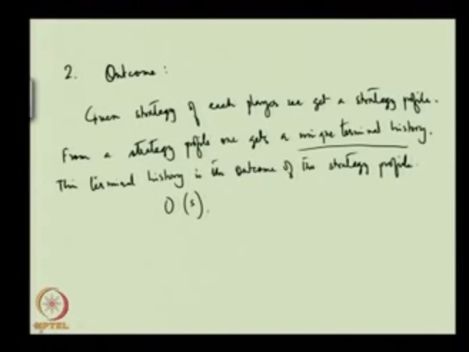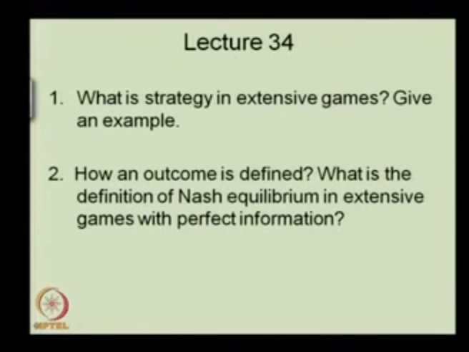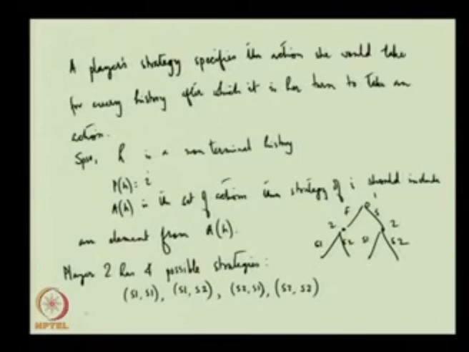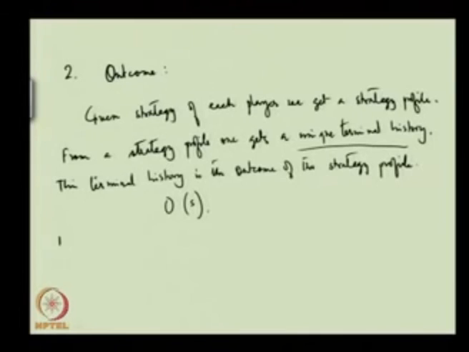Okay. Now, the second part of the question was, what is the definition of Nash equilibrium in extensive games with perfect information? Okay, Nash equilibrium.